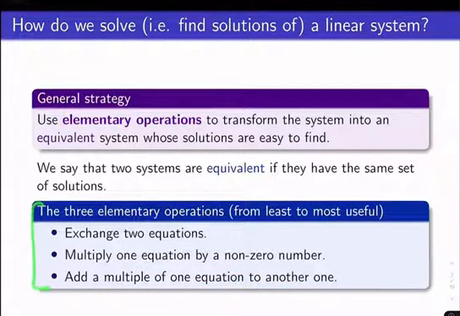Doing any of these three operations will not change the solutions of our system. The three elementary operations have different roles in this course, but for what we're doing right now, the last operation here is the most useful.